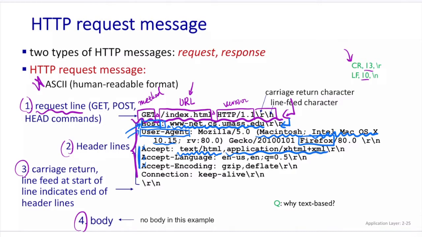Okay, I only accept these 2 different formats, either HTML or XML. And the language used in the HTML or XML should be English. Okay, Q 0.5, we will show you how to figure out what Q means.